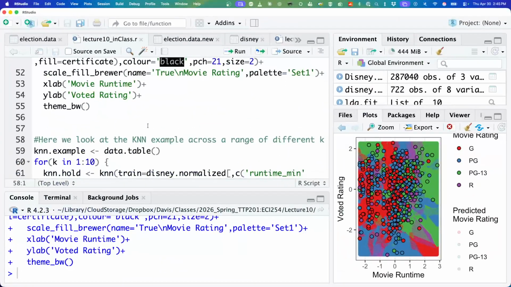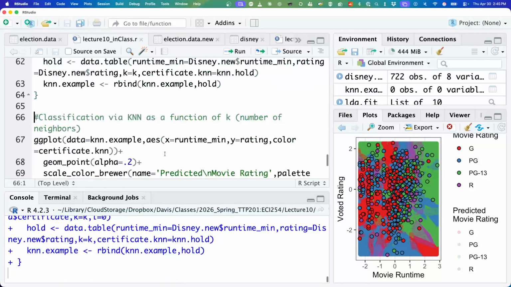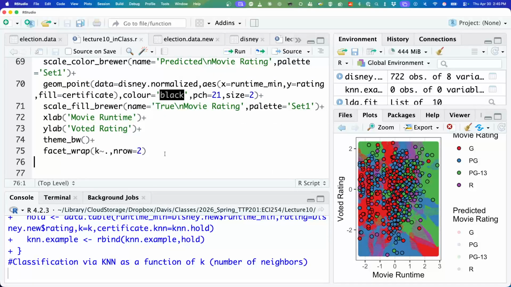Just note, this was an arbitrarily chosen K. This one's going to take a second to populate, but we can run the same model for k equals 1, k equals 2, k equals 3, all the way up to however many points there are in the entire model.